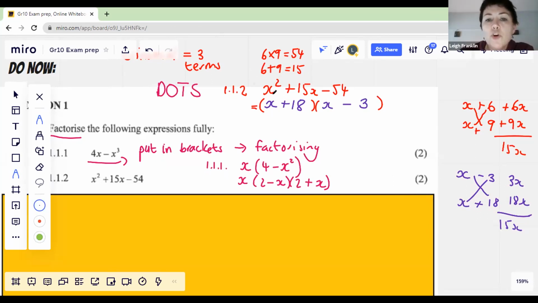Because your middle term is positive, Marisa. So if your middle term is positive, then the bigger of the two factors has to take the positive sign. Does that make sense to you? Because what you're going to get here, my girl, is you're going to have plus 18 minus 3 to get plus 15 overall. Okay, Marisa?